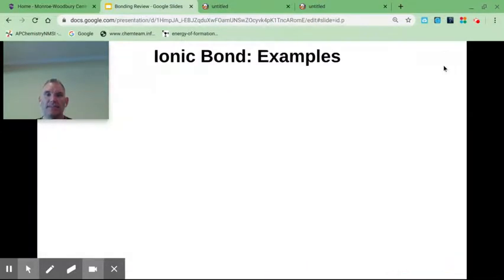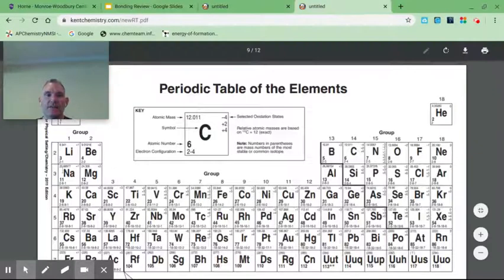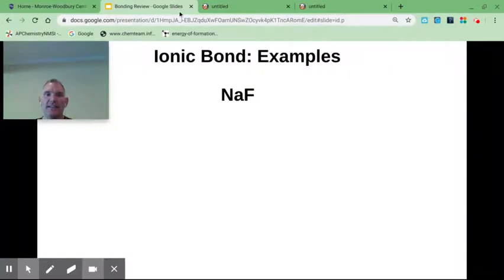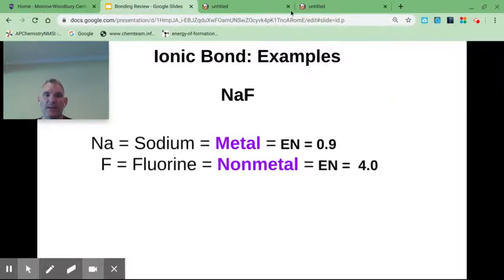Let's do another example. Sodium fluoride, NaF. Again, if I go to my periodic table, sodium is a metal, fluorine is a nonmetal, opposite sides. I know it's a metal-nonmetal interaction. But just to double check, we'll do the electronegativity as well.